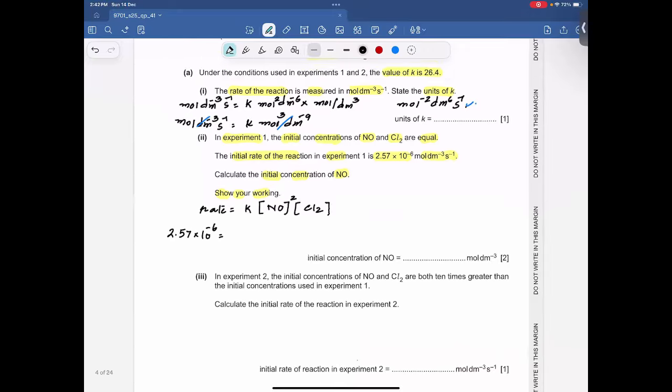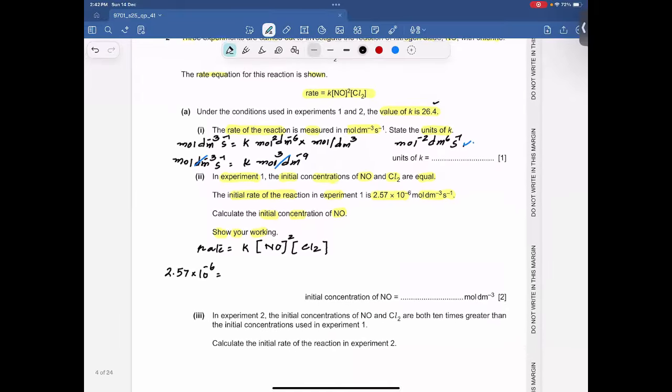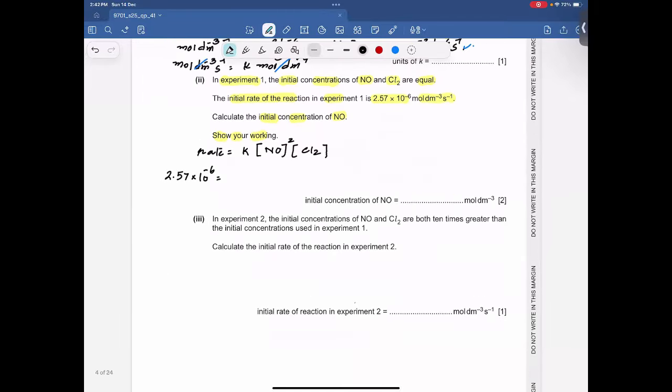The value of K is already given, which is 26.4. So I'm going to use that value. We need to find the concentration of NO, because that's the question, and the concentration of chlorine.